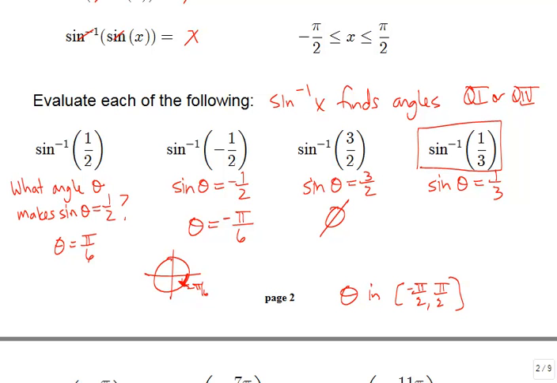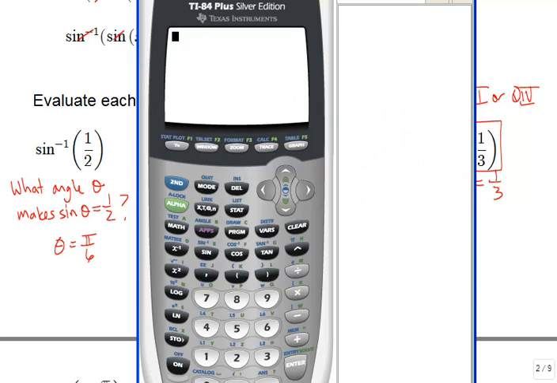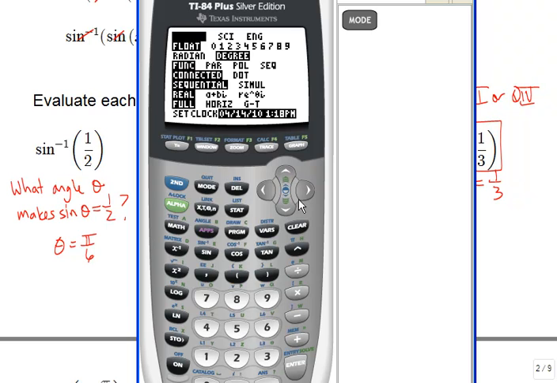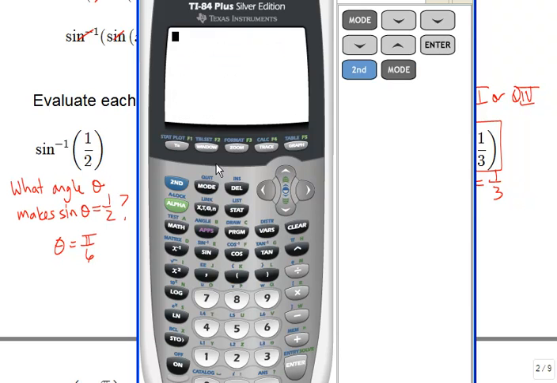So typically I tend to stick with radians most of the time unless I'm doing word problems that happen to have degrees involved. So let's pull up the calculator. Let's check our mode. I'm still in degree mode, so I'm going to switch it to radian, and then we're just going to type in inverse sine of 1/3.